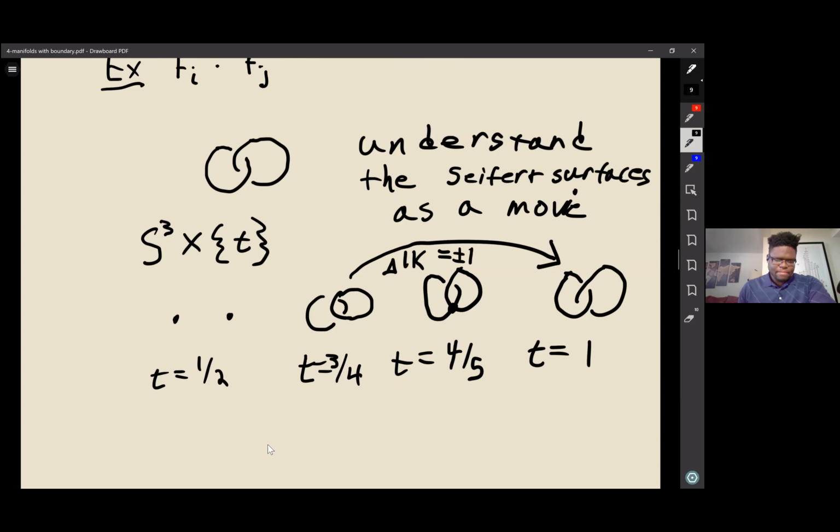So at least mod 2, the algebraic intersection number between these two surfaces is equal to the linking number of these two components.